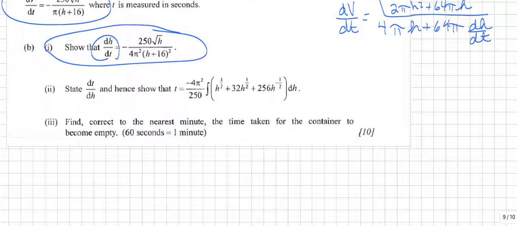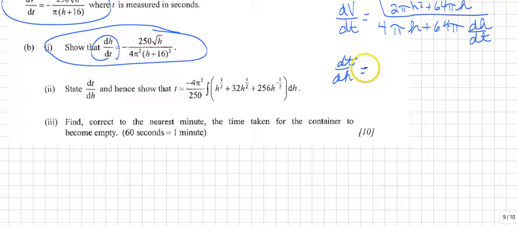For part 2 of B, state dt dh and show that t equals, well, we just did dh dt, so dt dh is just the reciprocal of that. So let's just take that previous answer and flip it. So that's 4 pi squared, h plus 16 squared.